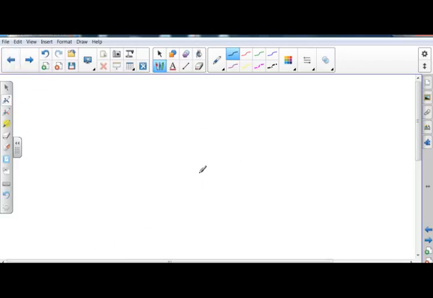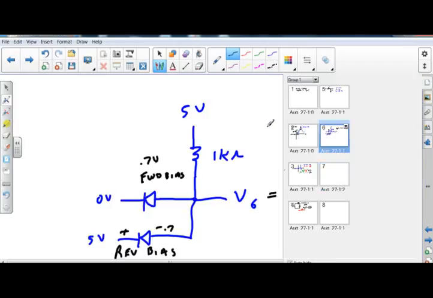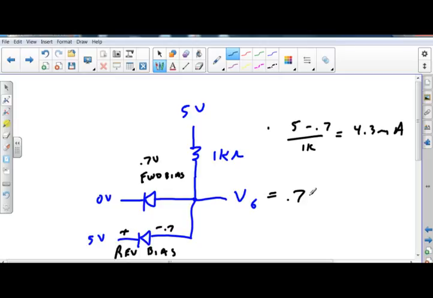Okay. What I don't get on that schematic is where the V6 is. Your voltage is 6 on that last page. Is that saying the current is 6, or where is that pointing to? The voltage is at 0.7 volts. It's V6 because it's the 6th example.